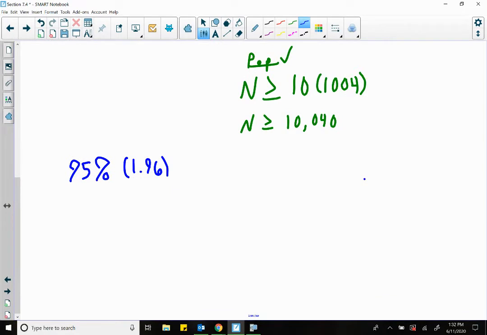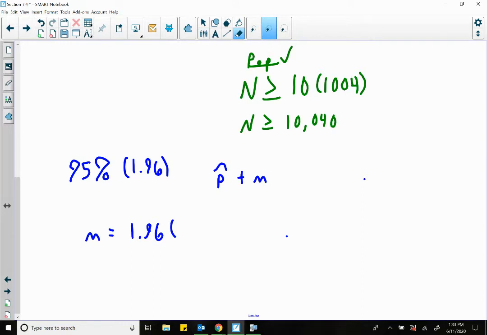So here's how this works. We need to do p hat plus or minus our margin of error. Our margin of error is going to be equal to the 1.96, because that's my z star, times the standard error.